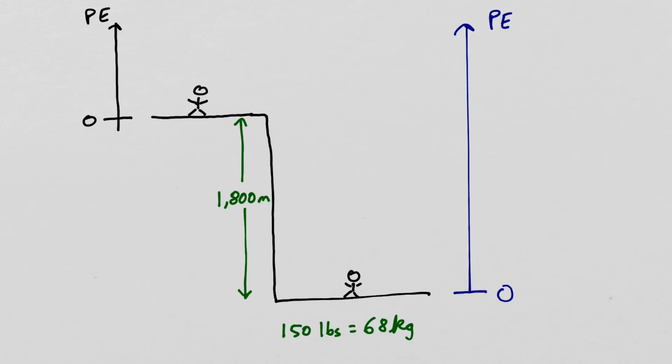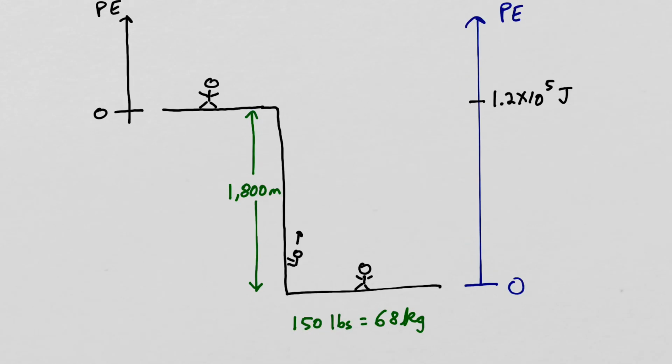The Grand Canyon is 1,800 meters deep, and let's assume you weigh 150 pounds or 68 kilograms. Your twin could climb up to the top of the Grand Canyon and measure how much work it took to get to the top, and would find it took 1.2 times 10 to the 5th joules.